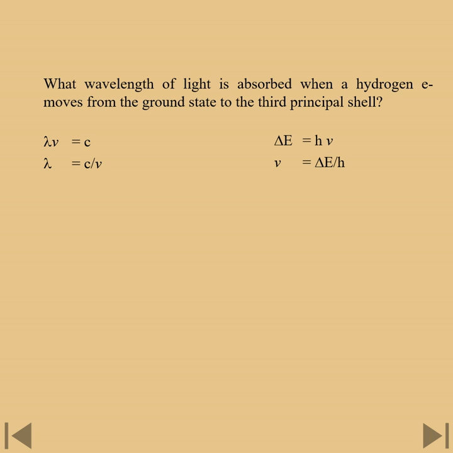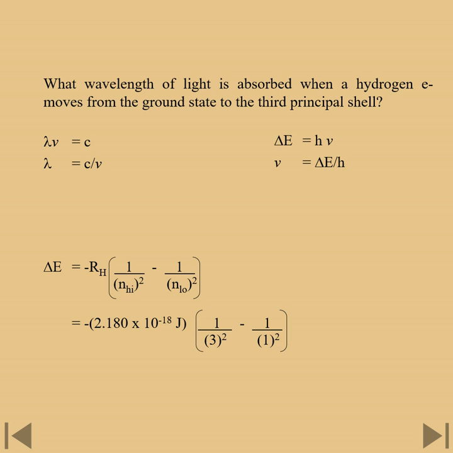And now we're going to calculate our energy from Bohr's equation, where delta E is equal to the negative Rydberg constant, and you'll be given that constant, times 1 over n high squared minus 1 over n low squared, where n high is 3, and n low, well, the ground state is 1.